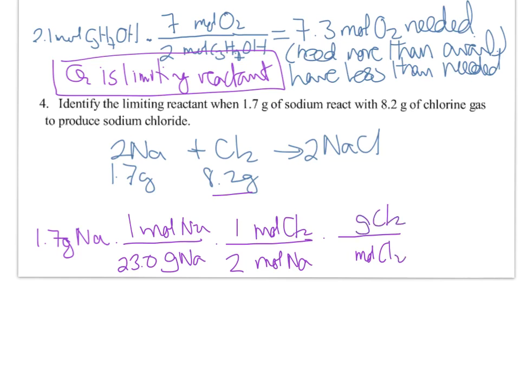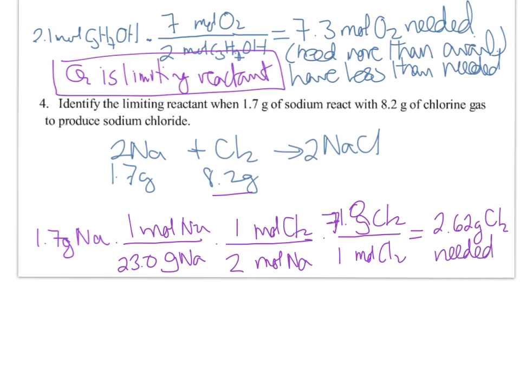Watch out that that's Cl2, not just Cl, so you need to double the molar mass of Cl. So 71.0 grams per 1 mole. You punch that into your calculator. You get 2.62 grams of Cl2 needed.